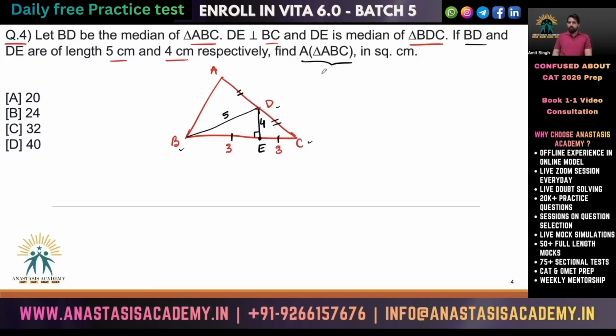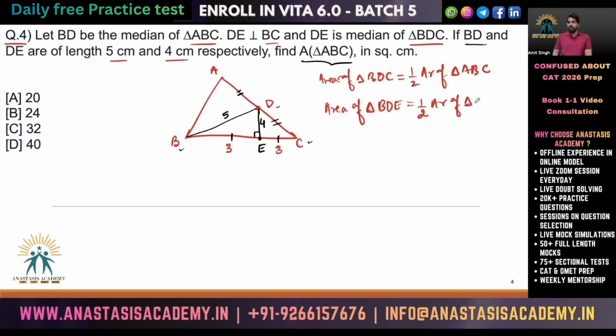Area of triangle BDC would be half the area of triangle ABC. How is it so? Because BD is the median, so it divides the area of triangle ABC into 2 equal parts. So BDC would be half of the area of triangle ABC. Now, because DE is the median, area of triangle BDE would be half of the area of triangle BDC.